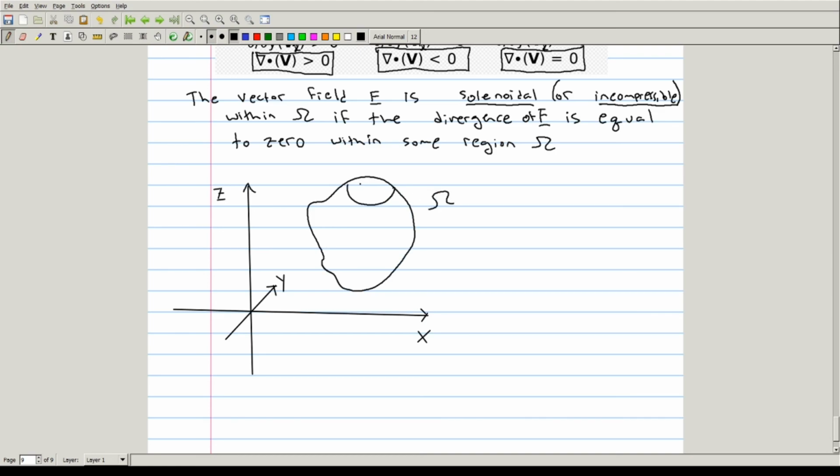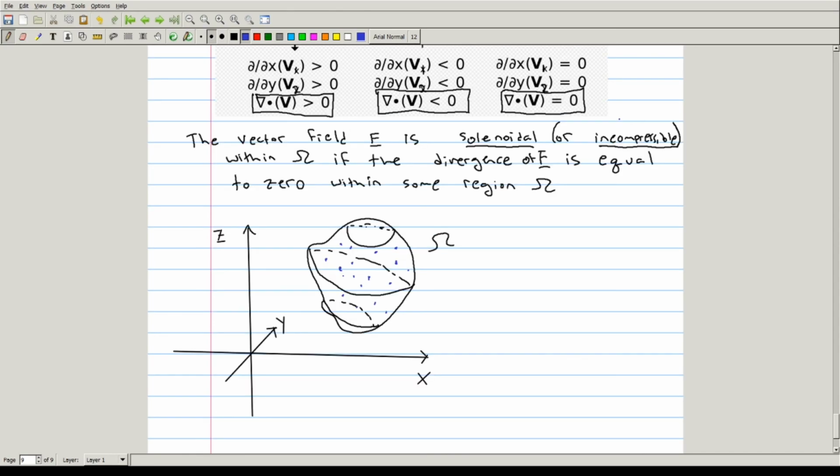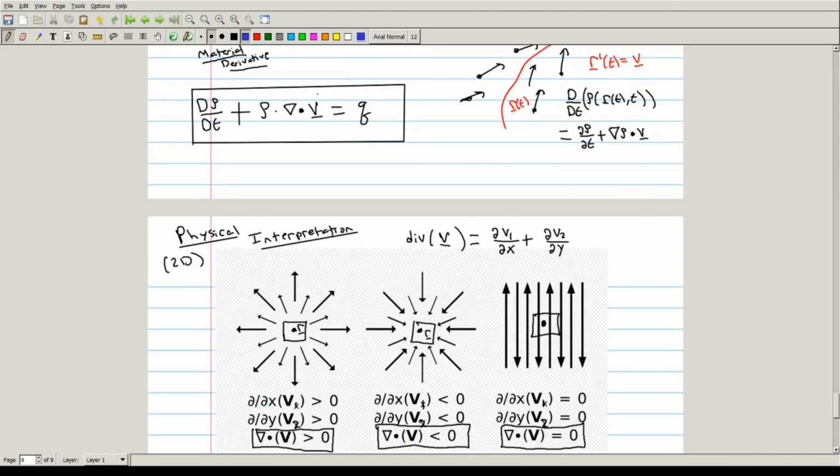This is a 3D region in general. If the divergence of a vector field is equal to 0 at every single point inside this region, that's like saying there are no sources or sinks at any single point inside this region. Which is why we can say that this is the same thing as incompressibility in some sense, and this is directly related to the idea of incompressibility in fluid dynamics, when we talk about incompressible fluids.